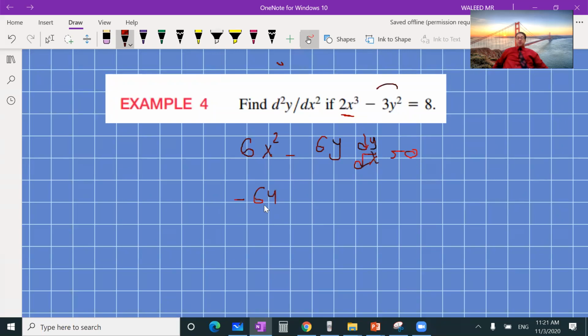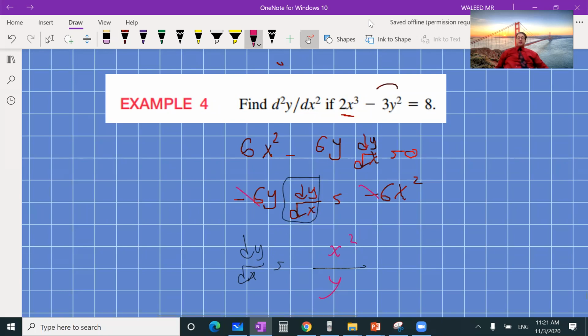Keep negative 6y dy over dx as it is, and 0 minus 6x squared is the same negative 6x squared. And now keep here dy over dx equals, canceling with the division, negative 6 with negative 6, so it's x squared over y.